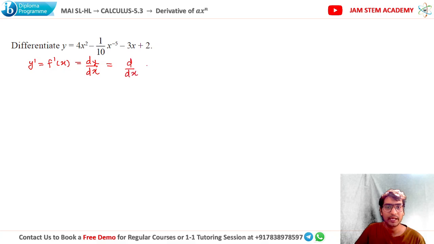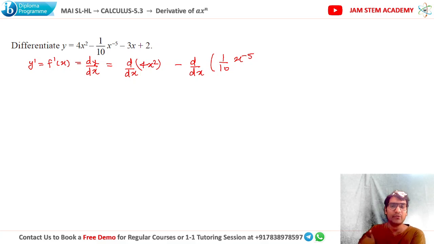So derivative of 4x squared. Then there is a negative sign and d over dx of 1 over 10 of x raised to the negative 5. This formula, derivative of x to the power n equals n x to the power n minus 1, works for any value of n, right? Any real number value of n, it works.